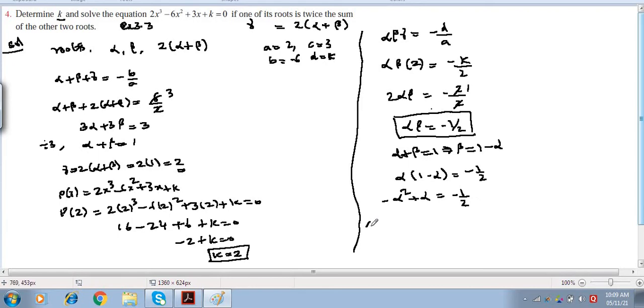Multiply everything by 2: minus 2 alpha square plus 2 alpha equal to minus 1. Bringing the minus 1 to this side, we get plus 1 equal to 0. Multiplying everything with minus 1, we get 2 alpha square minus 2 alpha minus 1 equal to 0.